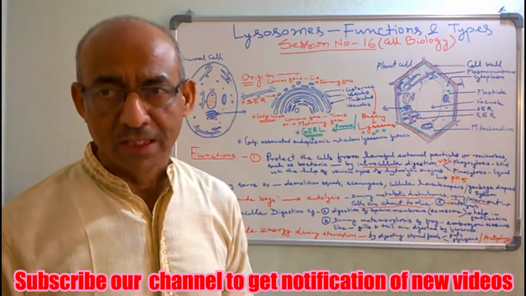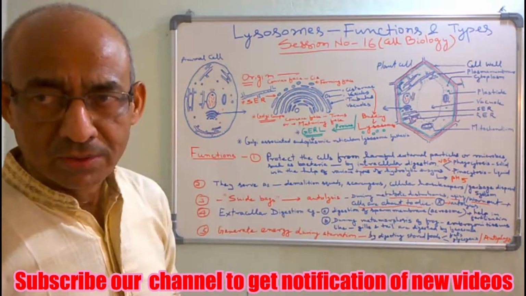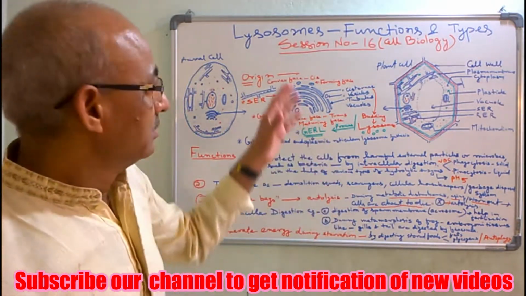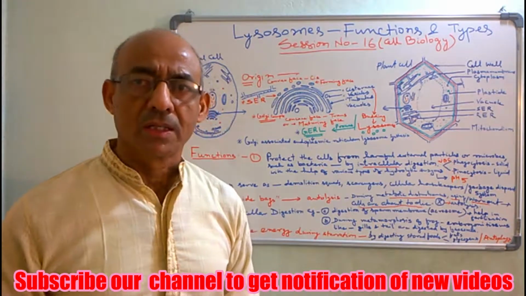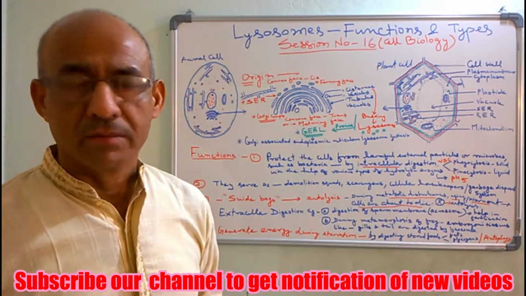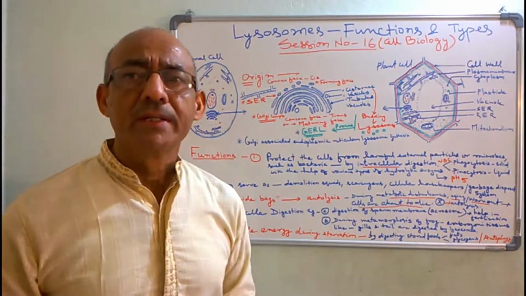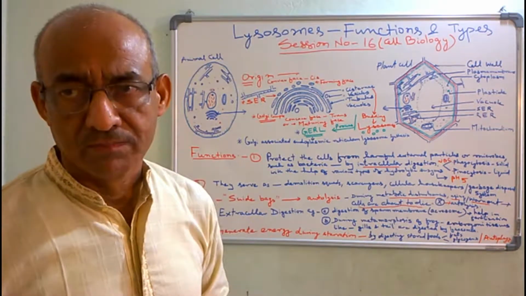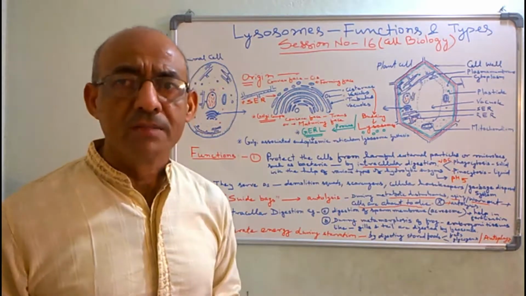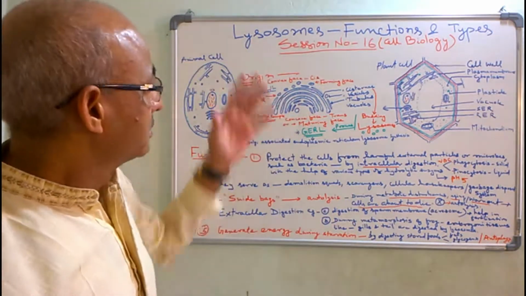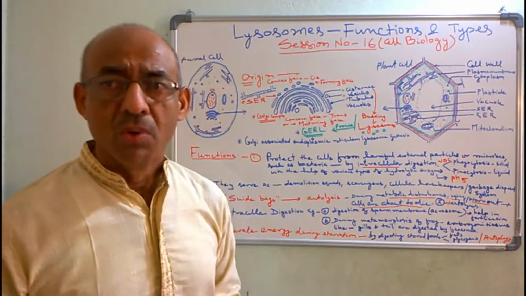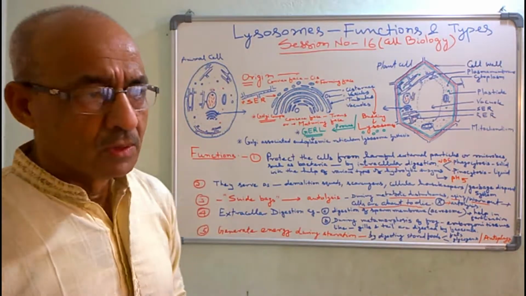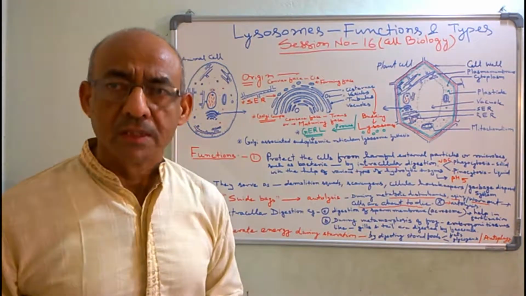Again I am repeating, these membrane bound cell organelles contain a number of hydrolytic enzymes, more than 40 types, and with the help of those enzymes they are capable of digesting most of the contents of eukaryotic cells.